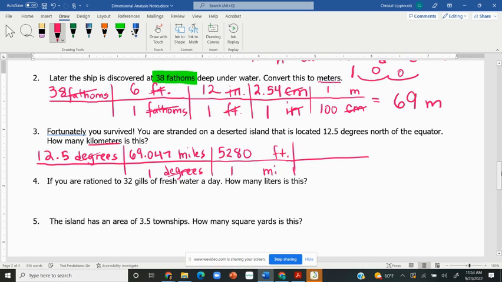Then I can go feet into inches. Inches into centimeters. Good. And then finally, centimeters into, we're trying to get to kilometers.